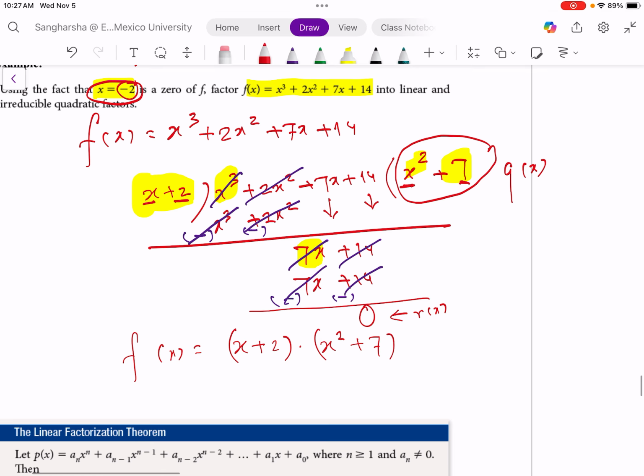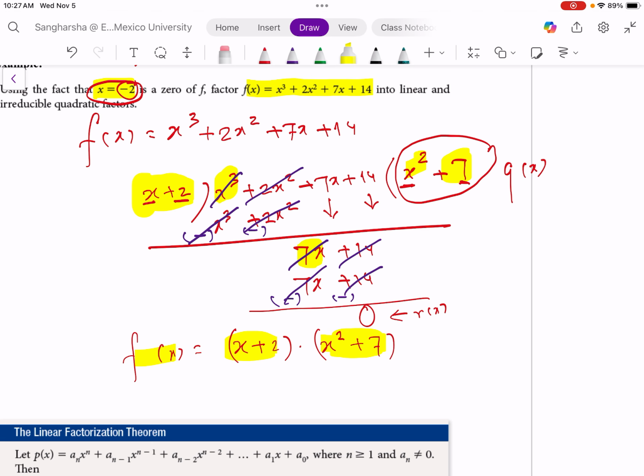So we have our function f of x with this linear factor and this quadratic factor, and we cannot reduce this quadratic. This is an irreducible quadratic factor. So this is how we can factorize our function. We have the two factors here, x plus 2 and x squared plus 7.